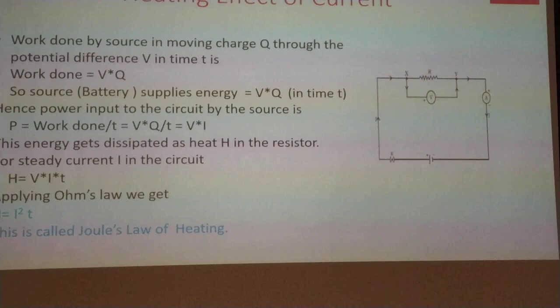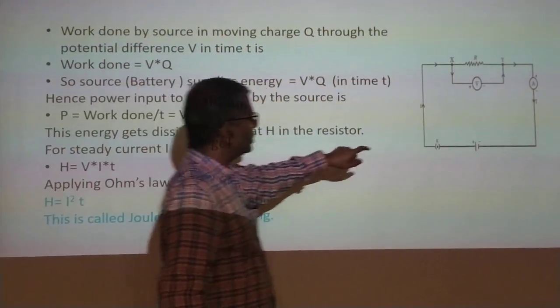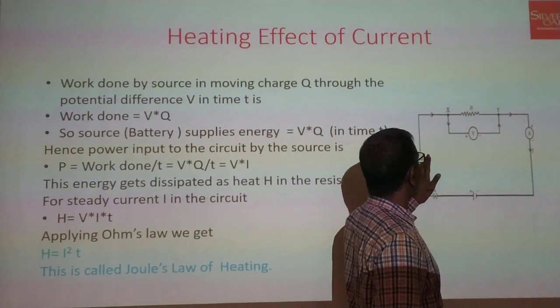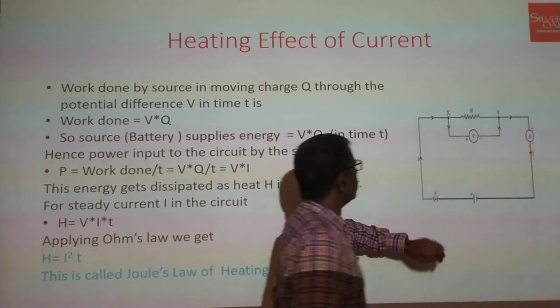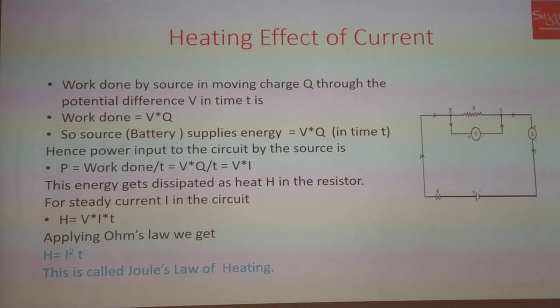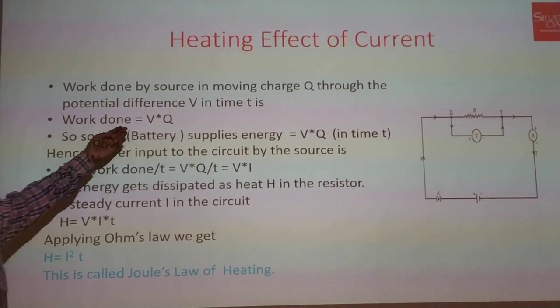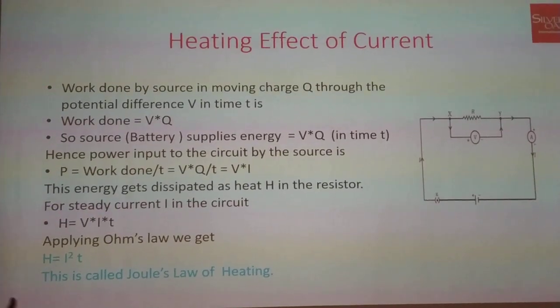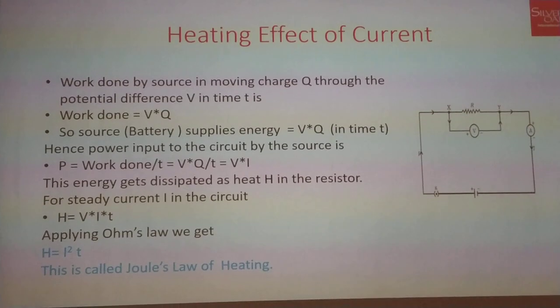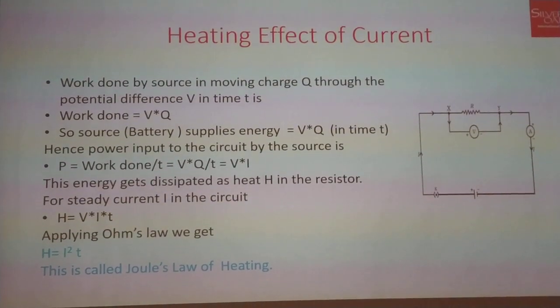Suppose the charge Q is flowing through the circuit in some time t. So the battery is doing work, and the work done will be equal to the potential difference multiplied by the charge, because we have seen that work done divided by charge equals the potential difference.